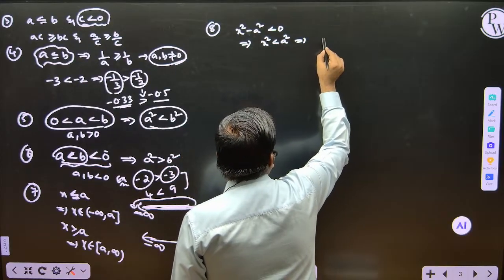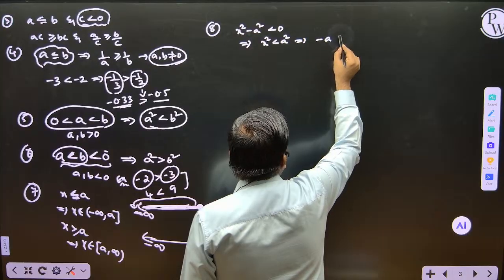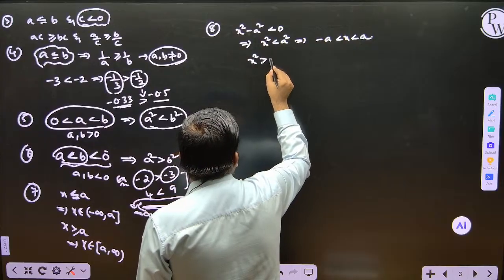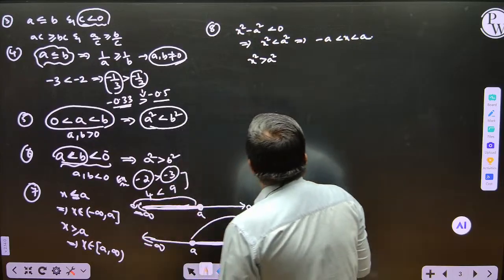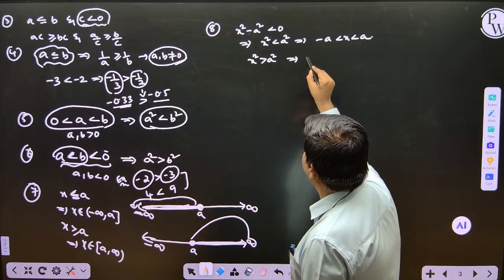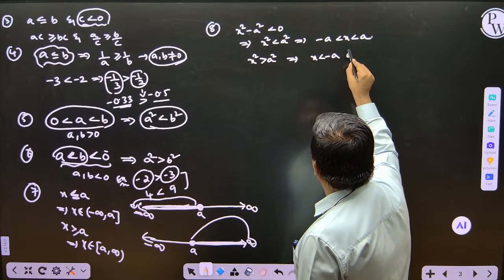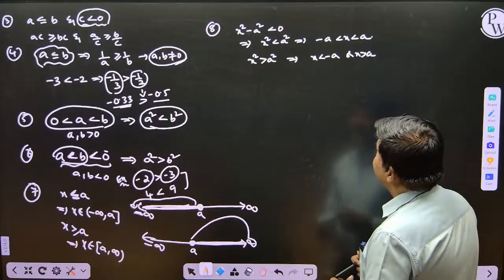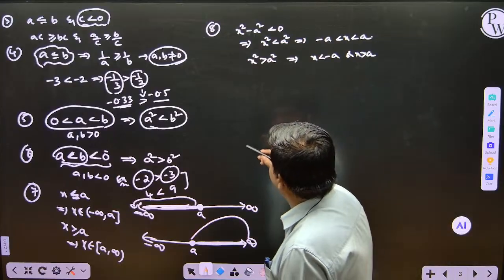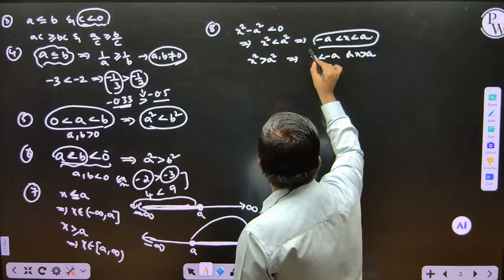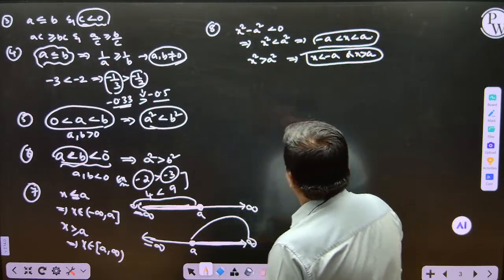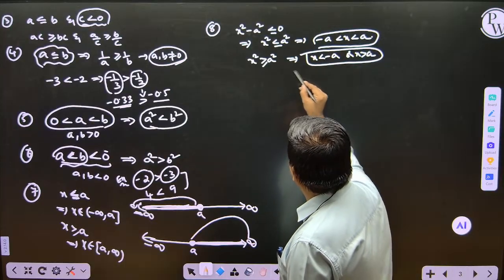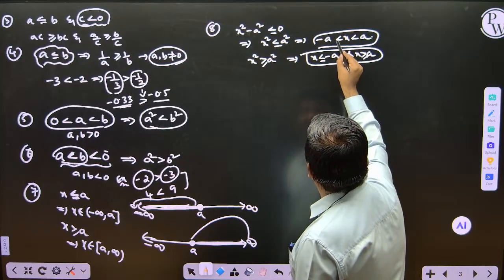That implies x lies between minus A and plus A. If we take x square greater than A square, this is the complement of it. That gives x less than minus A or x greater than plus A. If equality is there, then here also you must consider equality.